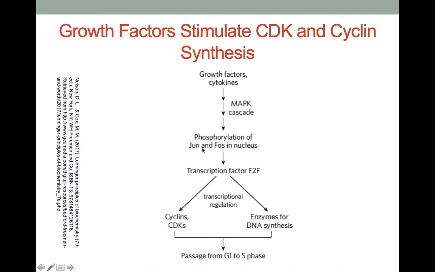Activation of those through phosphorylation then induces the production of E2F, and the production of E2F triggers the creation of nucleotides and DNA. The cyclin and CDKs that are triggered by this transcription factor allow the cell to enter the S phase so that they can use the DNA and enzymes produced for DNA synthesis here to produce copies of DNA.